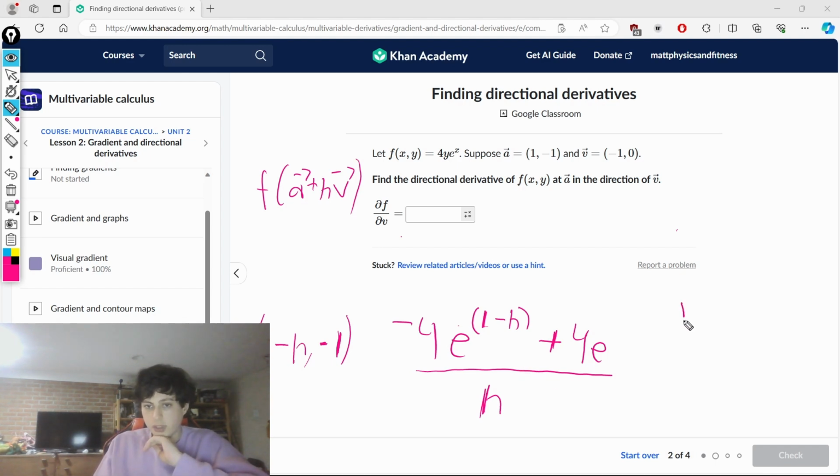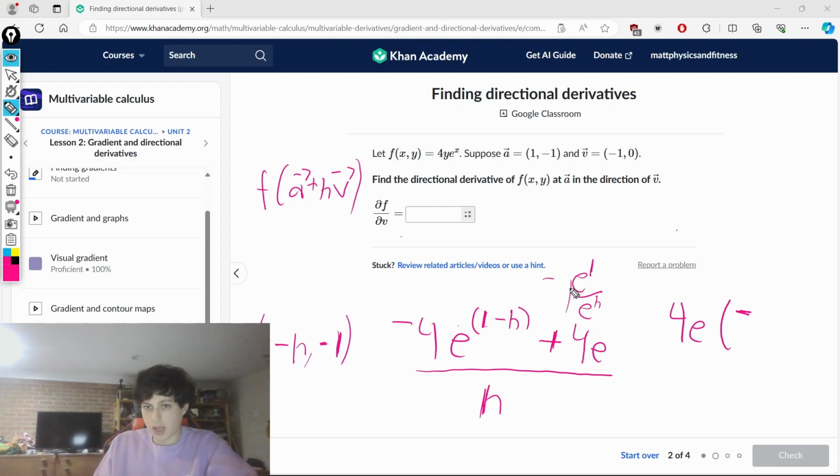This is interesting. We can factor out a 4e, for sure. Get negative... Oh, I don't know if we can factor out a 4e. We're making a mistake. E to the 1 minus h, e to the 1 divided by e to the h.